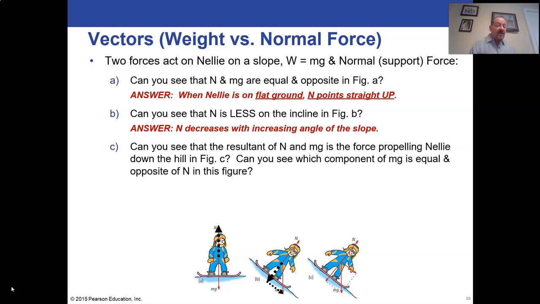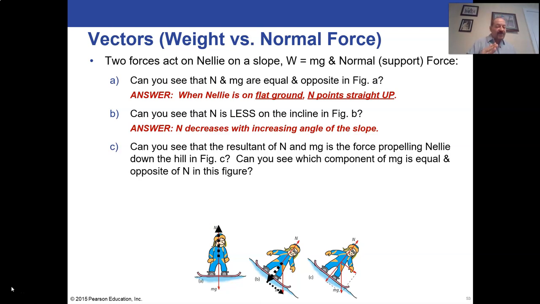So one of these arrows is perpendicular to the surface of the incline, and one of them is parallel to the surface of the incline. And a lot of times physicists that are interested in using trigonometry to solve these problems, you don't have to do this, they will break up the weight into two components, one that is directly perpendicular to the surface and one that is parallel with the surface.